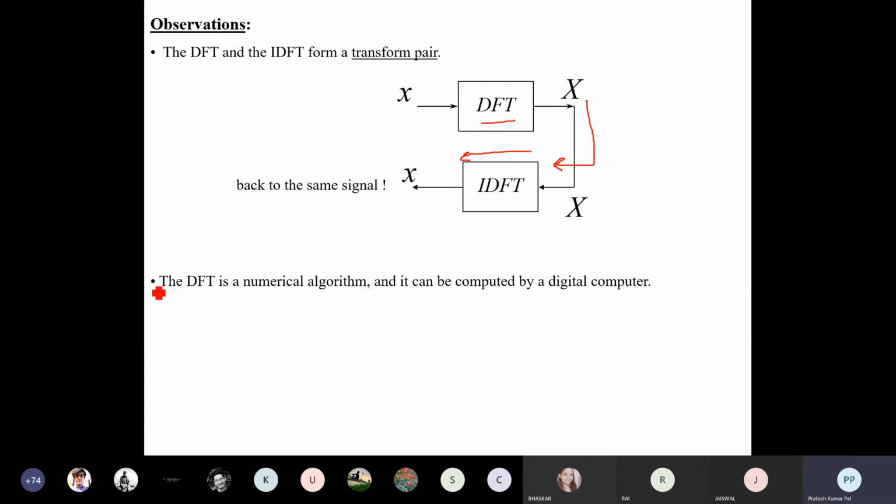So the DFT is a numerical algorithm and it can be computed by a digital computer. It is a mathematical function that can be calculated using a digital computer. It involves different calculations like addition and multiplication. So these two are the operations that are basically performed. These two operations will be performed digitally and we will get the DFT calculated for a given sequence. Okay.